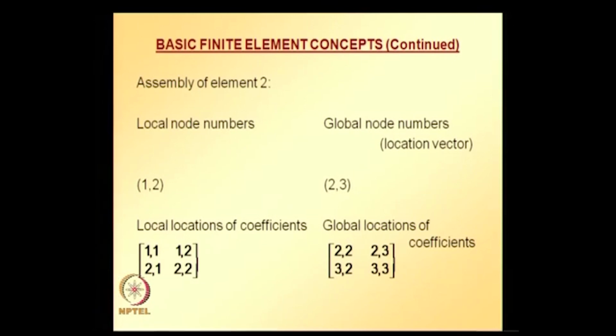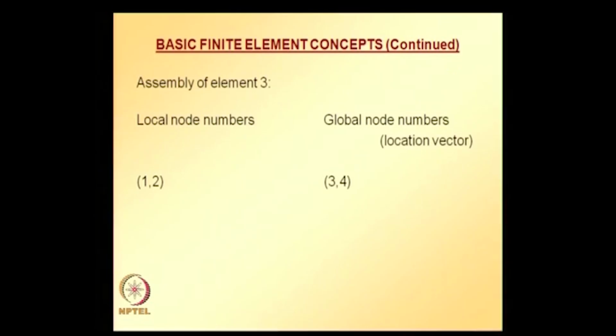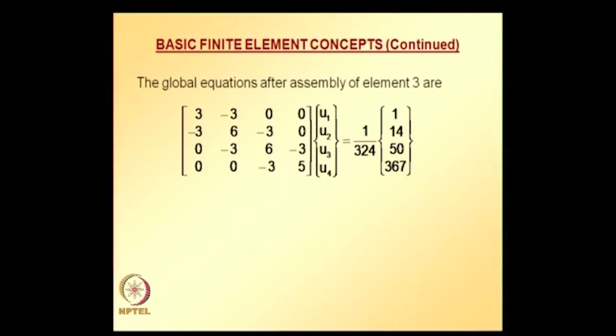So, with this information you can put the contribution of element 2 into the global equation system. Similarly, element 3 contribution, same procedure. So, this is the final global equation system without applying the boundary conditions.